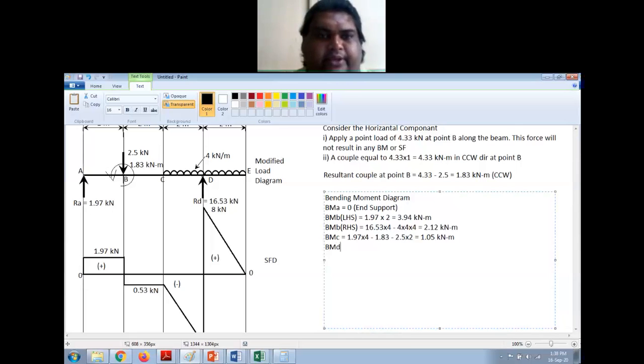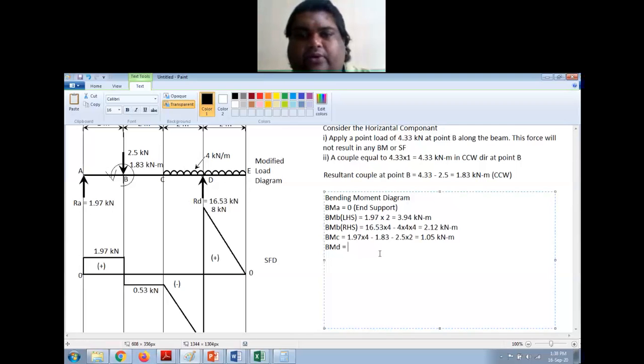Then BM at point D. Here I have only one force, that is UDL on the right side. Left side there are too many things, so I will take the right side. This will be negative because the force is acting downwards, and it is making a clockwise moment on the right hand side.